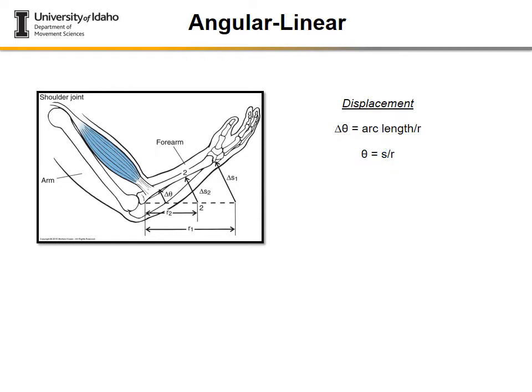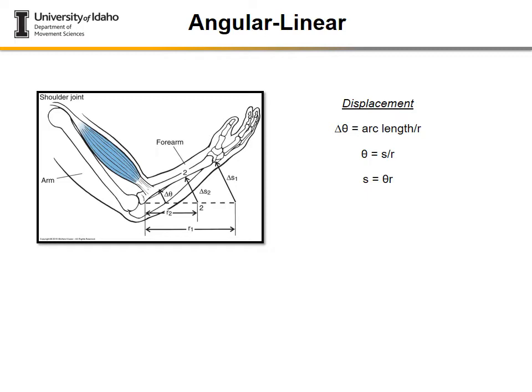If we rearrange these components, you are going to see that the arc length is equal to the angle through which the joint went through in range of motion times the radius. This equation shows that as the radius increases or decreases, there is a linear relationship to the arc length.